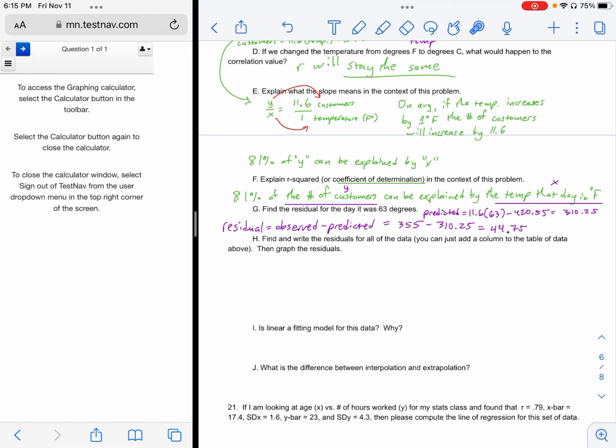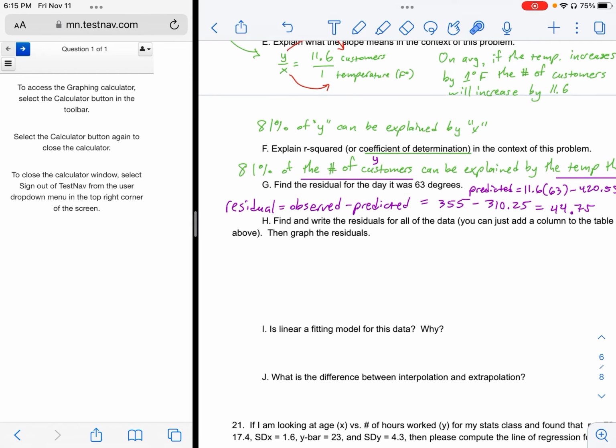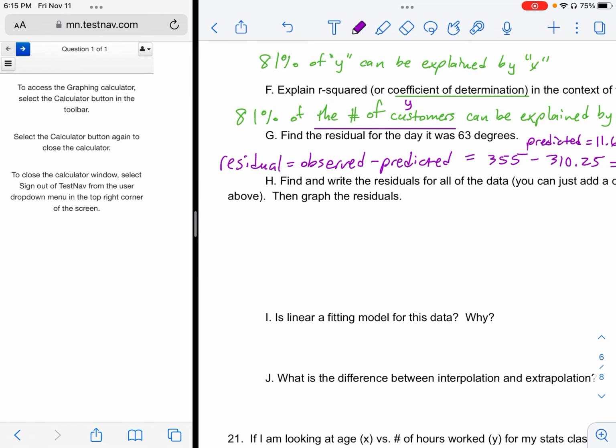All right, H: find and write the residuals for all the data, and then graph them. We're going to do this all in the calculator. List 1 and list 2 are good to go. List 3, we want to make our predicted values, and list 4 will be the residuals.